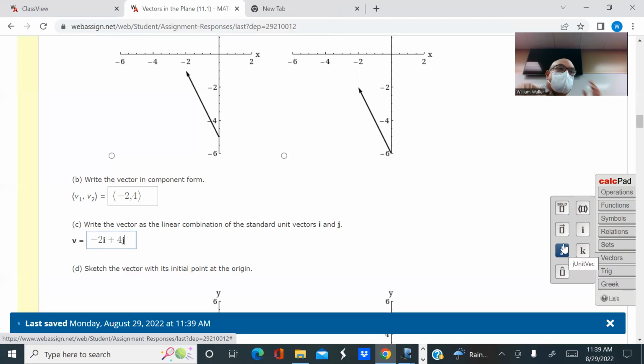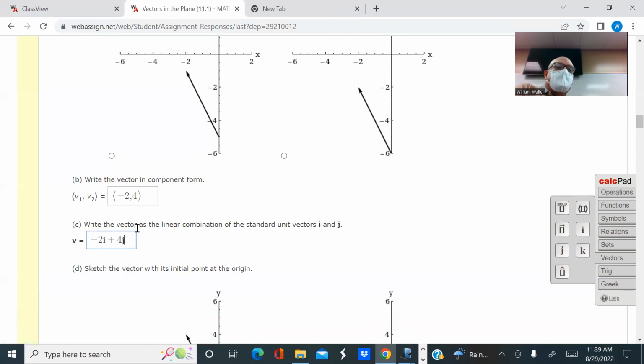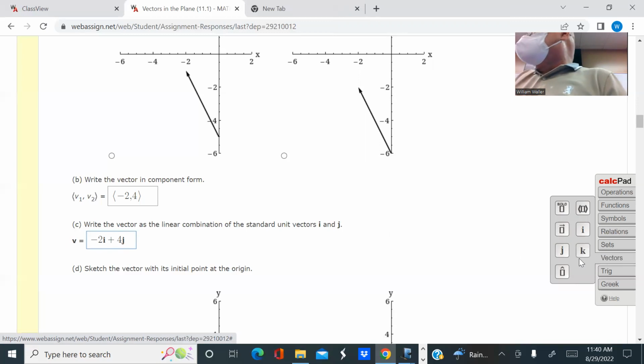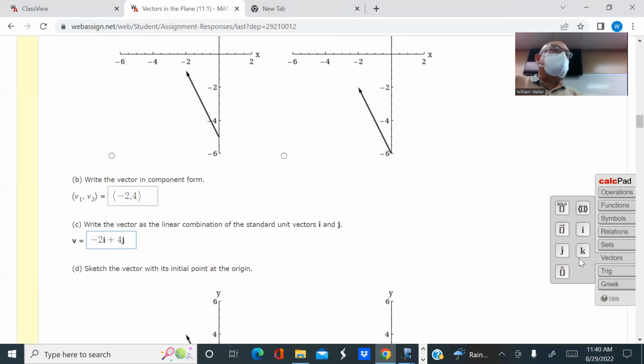Fatin was complaining that he had burned up all of his tries trying various combinations of this same answer, and that was what the issue was. So sorry about that. By the way, notice what we're going to start seeing today: here's a third standard unit vector k, and that's because we're soon going to switch to 3 dimensions, and in 3 dimensions, we have 3 standard unit vectors.